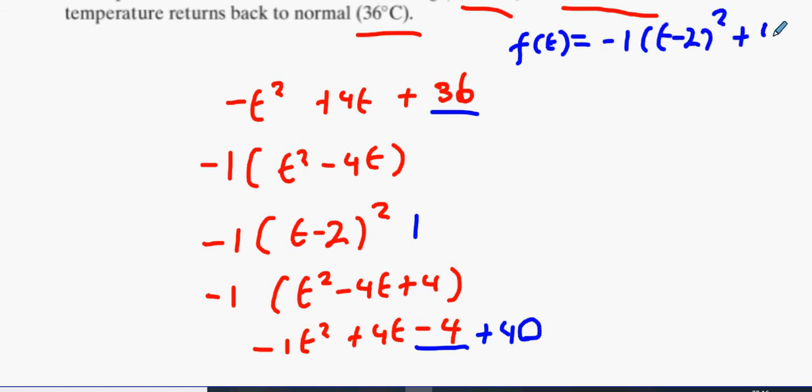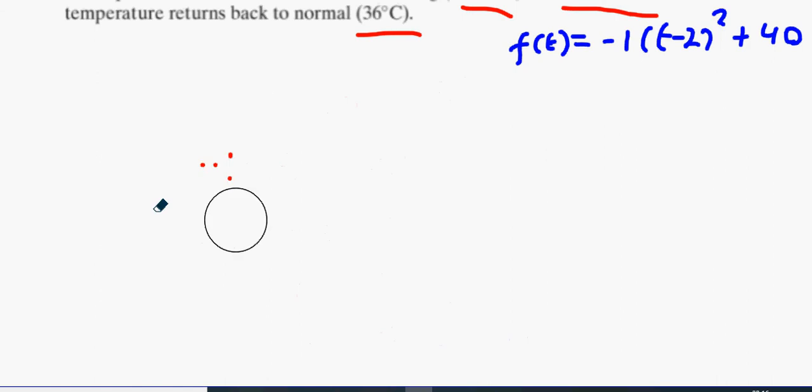Okay, awesome. Now, first of all, what's guaranteed about this part here? What's guaranteed about all of this part? No matter what value t I put in, what's guaranteed? 0 or negative. Because it's a negative number multiplied by a guaranteed positive number.